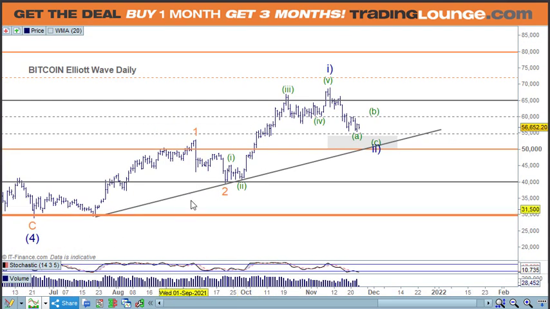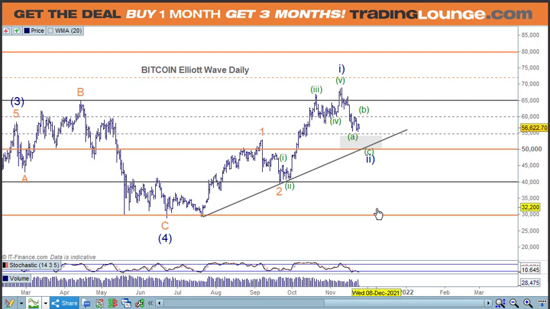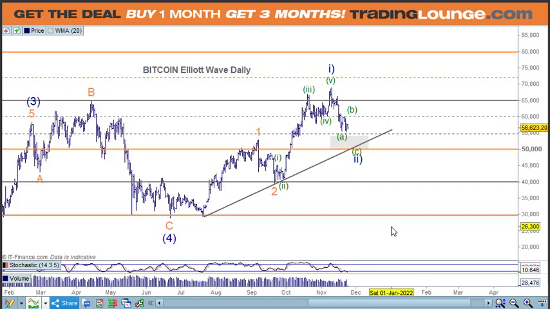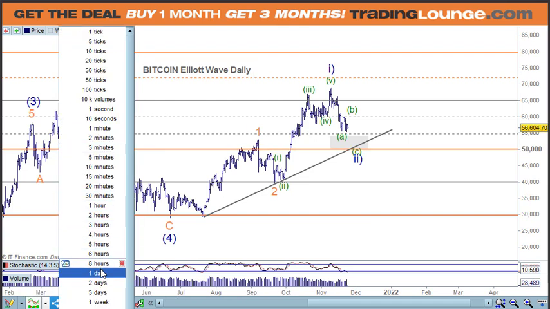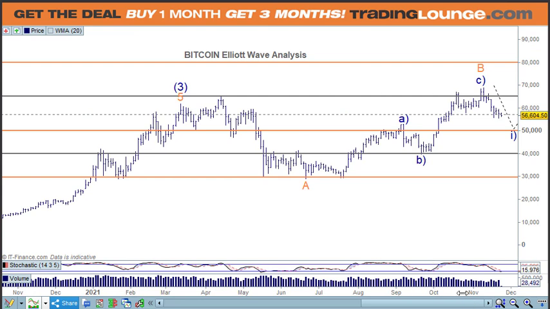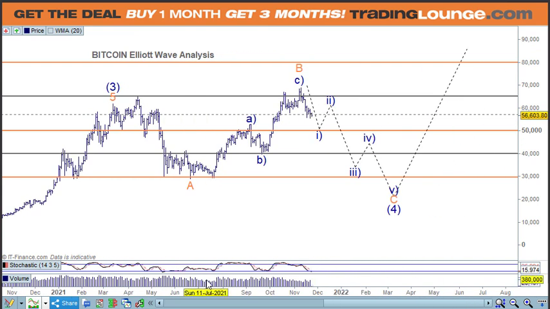So in all of this here, we're looking for some sort of ABC pattern to finish off this move through here. Now, are there any other possible counts for this? Well, the only other logical one for this would be the expanded flat, which is this one here.